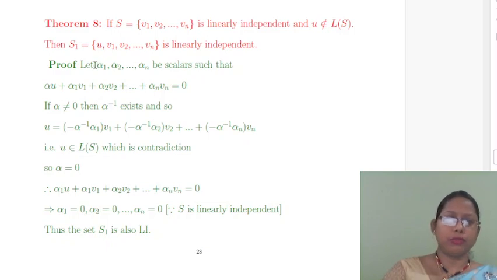Here you must consider one more scalar, that is alpha. Let alpha, alpha 1, ..., alpha n be scalars such that alpha u plus alpha 1 b1 plus ... plus alpha n bn is equal to 0.